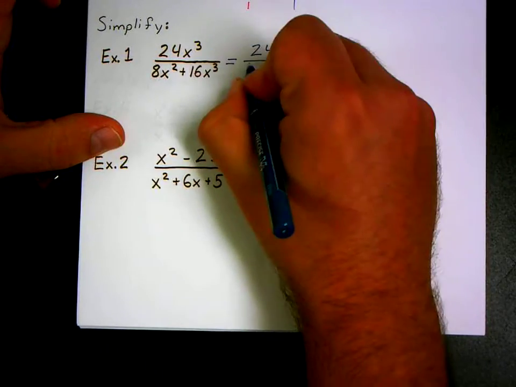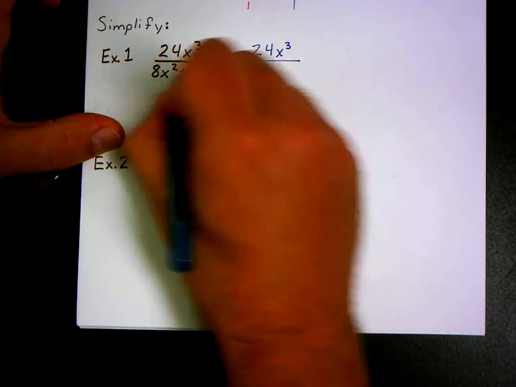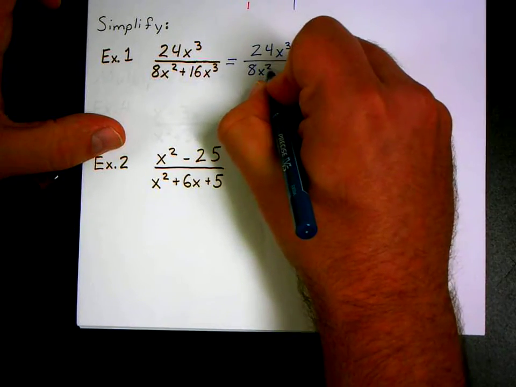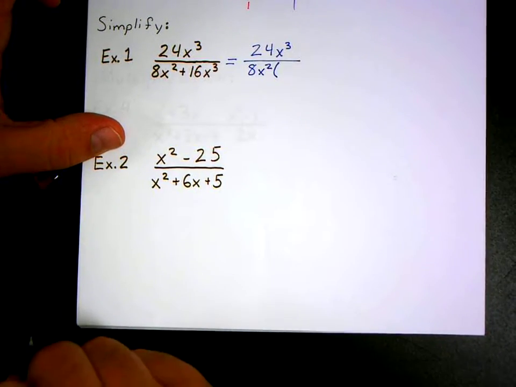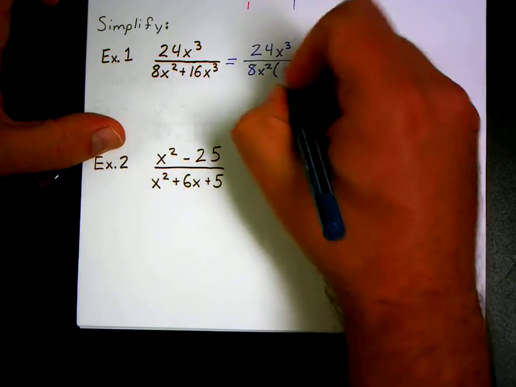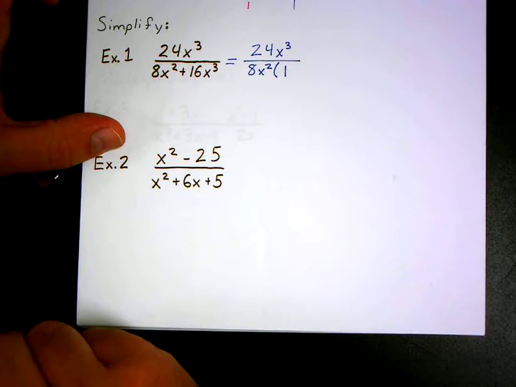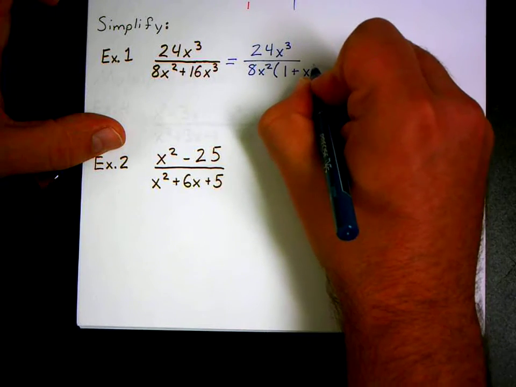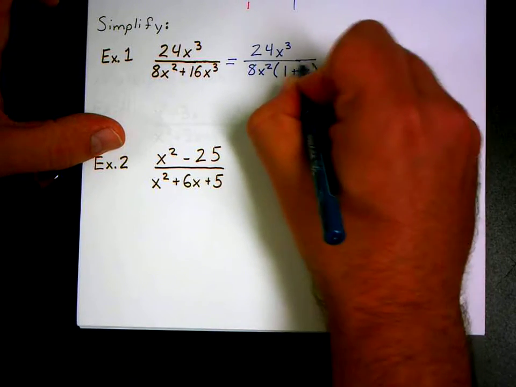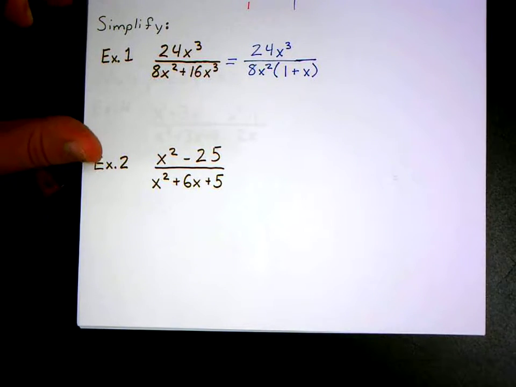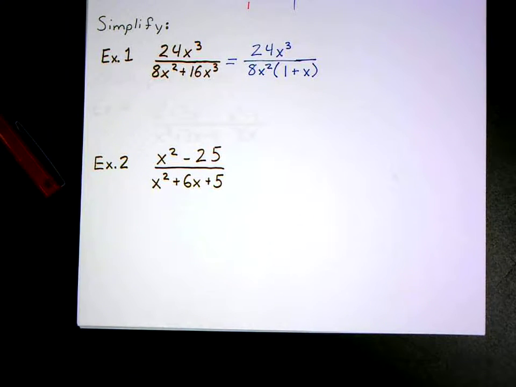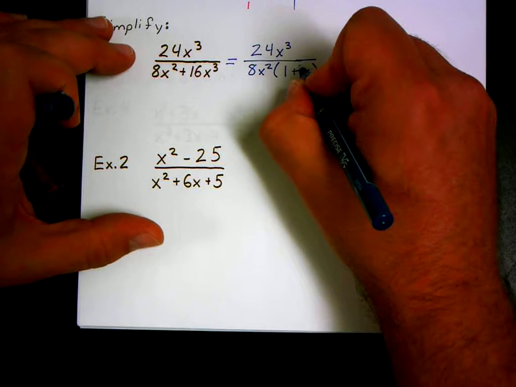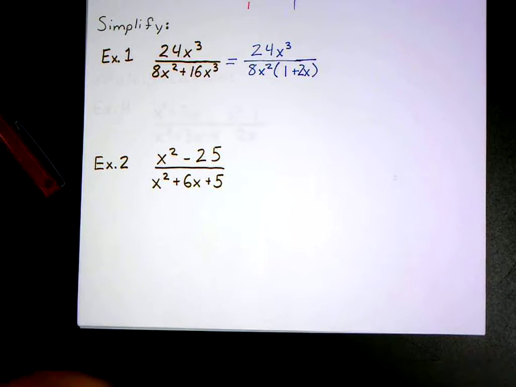So both those numbers have an 8 in common. Variable-wise, I can pull out an x squared. So if I divide this by 8x squared, I'm left with a 1. If I divide this by 8x squared, I'm left with an x. Now, if I go too fast on anything, tell me. 2x, sorry. If I go too fast and mess up, tell me.